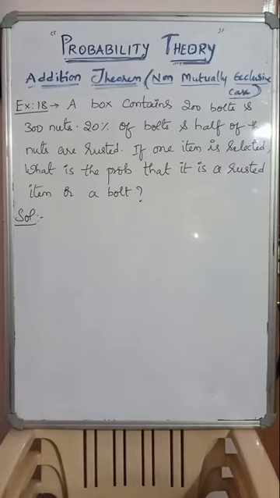Do you understand that? So in a box there are totally 500 items, in that 200 bolts and 300 nuts. Out of 200 bolts, 20% of the bolts and out of 300 nuts, half of the nuts were rusted. Then if one item is selected at random, what is the probability that the item you have selected is a rusted item or a bolt?